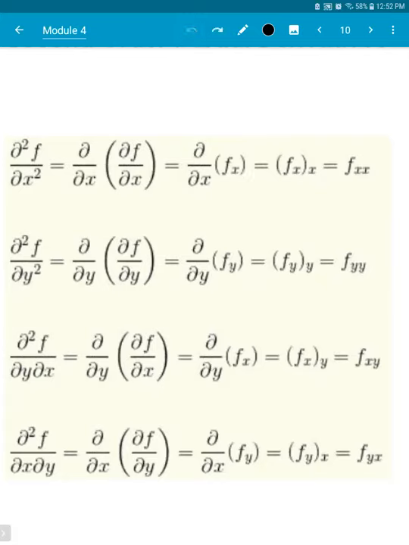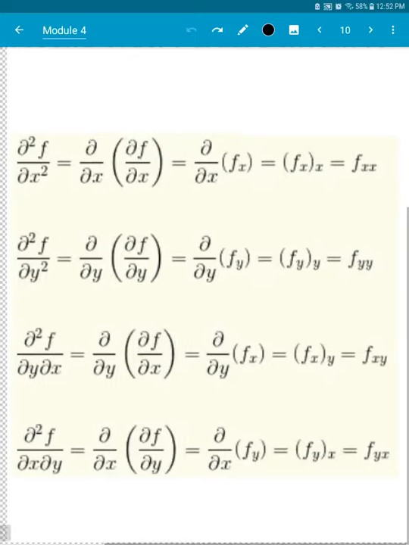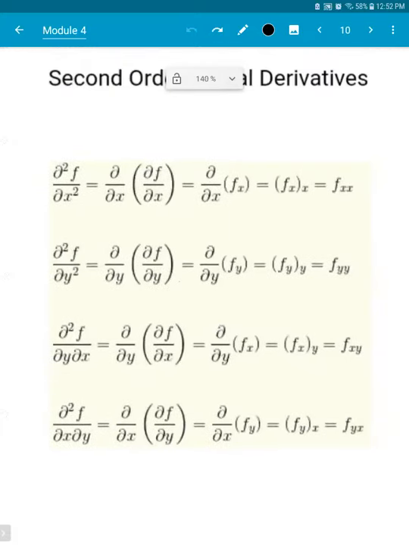We can write f sub xx simply as partial squared f over partial x squared. It's just a shorthand notation using that symbol for the second order partial derivative.